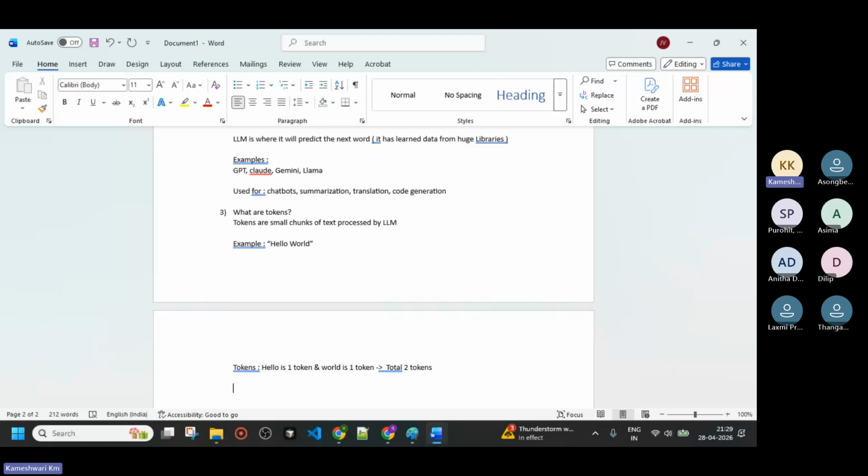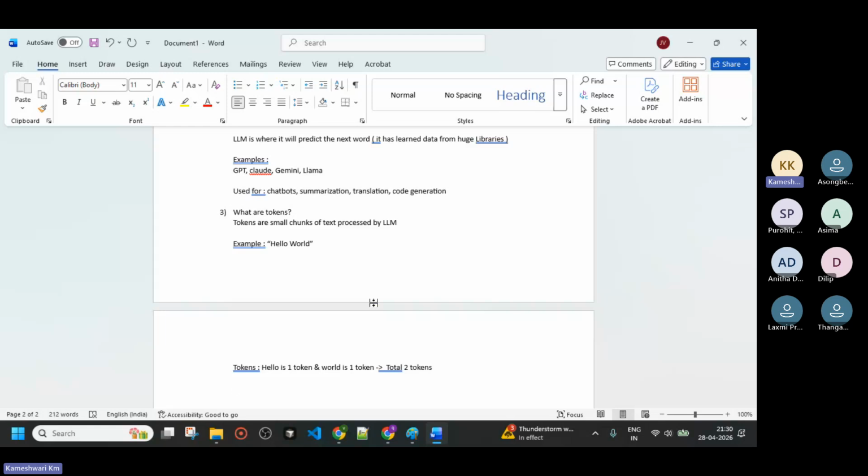At the same time, by using the tokens we are going to control the cost as well. For this particular model, how many tokens it is leveraging, how much cost we need to pay for the latest models. If you are processing one query and getting the answer, how many chunks it is processing, how much I have to pay for this model. So cost and speed of response can be controlled.